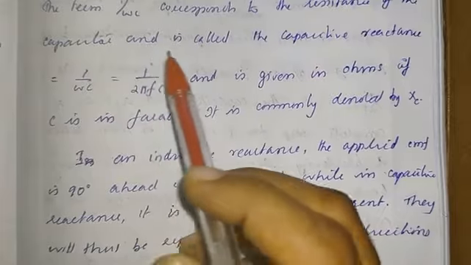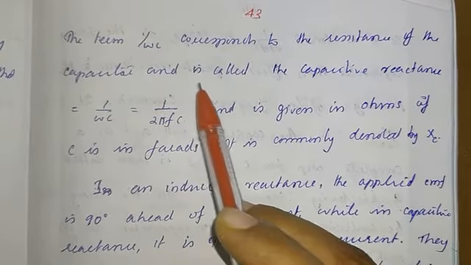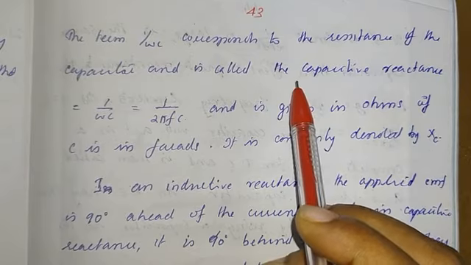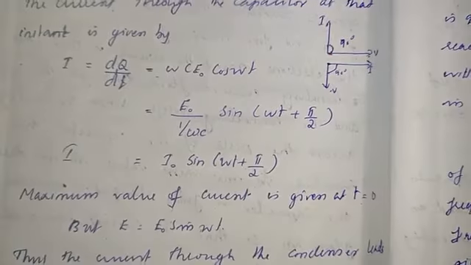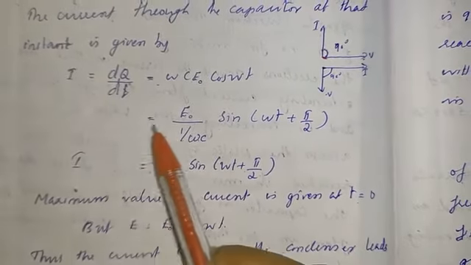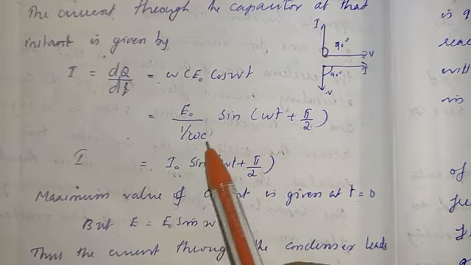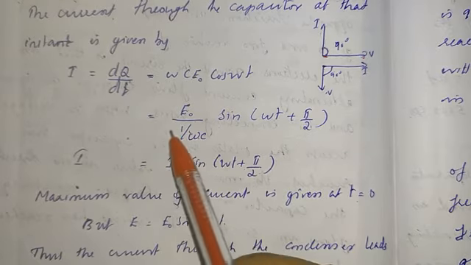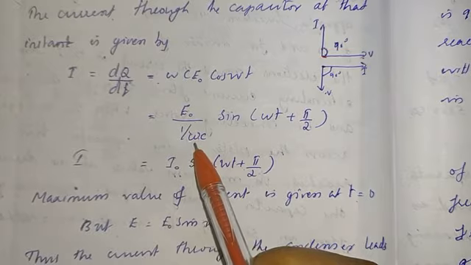The term 1 by omega C corresponds to the resistance of the capacitor and is called the capacitive reactance. From the equation I equals E0 by 1 by omega C, naturally this term corresponds to resistance.